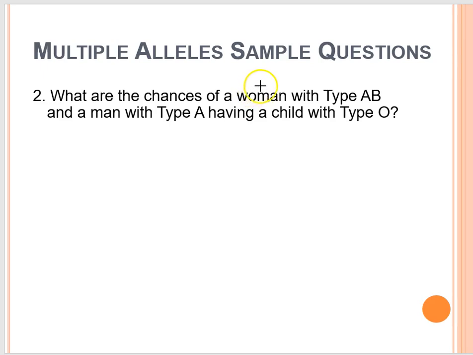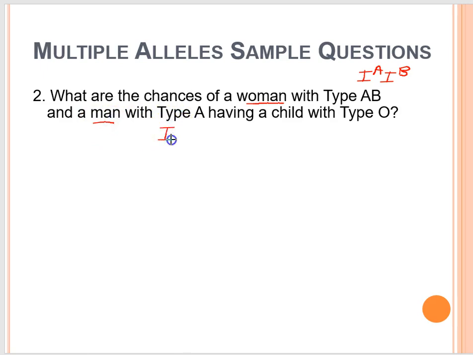Example number 2. What are the chances of a woman with type AB blood? What's going to be her genotype? A and B. Big I A, big I B. All right. And the man with type A, do I know what type A he is?